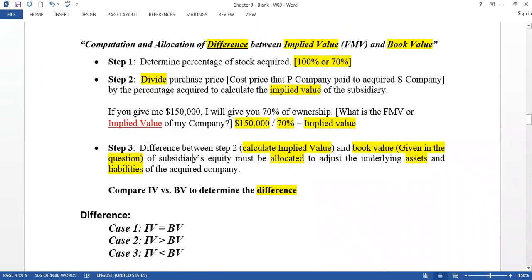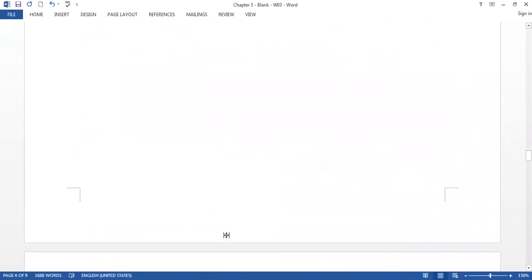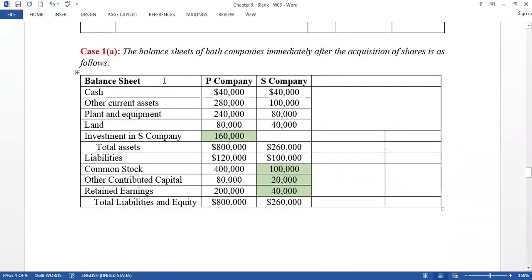Because when you come to step 3, we need to calculate the difference, right? So I am going to show you these 3 steps on the right side of the question. So this is the question. Your question is up to here. The question said the balance sheet of both companies immediately after the acquisition. Immediately means at the time of acquisition, right?